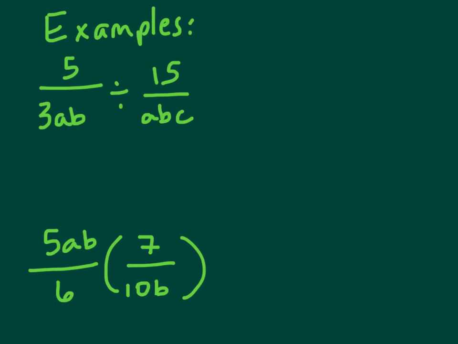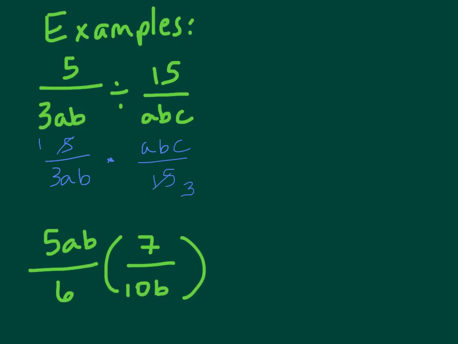So for example, if I have 5 over 3AB divided by 15 over ABC, first thing I'm going to do is keep, flip, and change. Now remember, when I multiply, I can cross-simplify. It's very important here. So I say, okay, 5 and 15. Cross-simplify your numbers normally. Divide them both by 5.